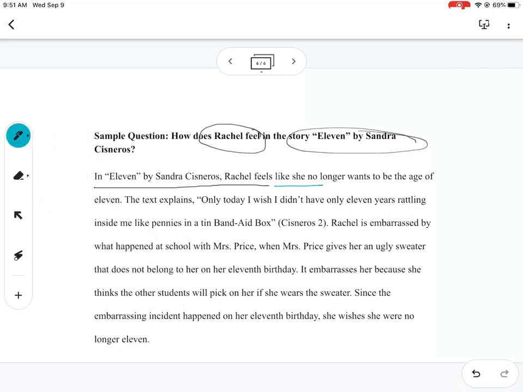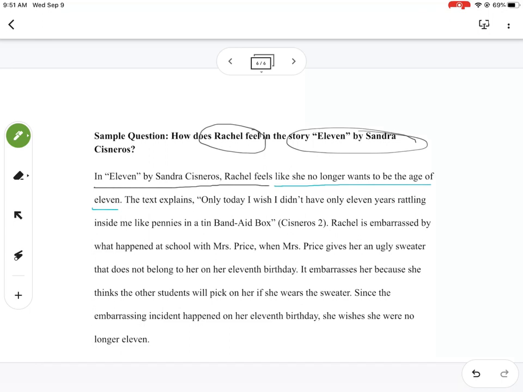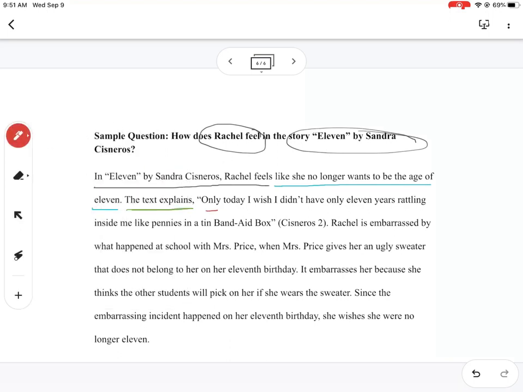So she feels like she no longer wants to be the age of 11, and she answers that question. Following that, we introduce the quote, the text explains, and then finally we have our quote that gets cited, only today, with a really great simile in there, and we have to include Cisneros 2.